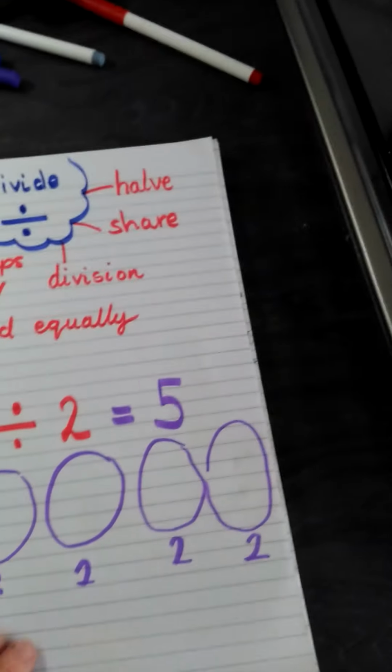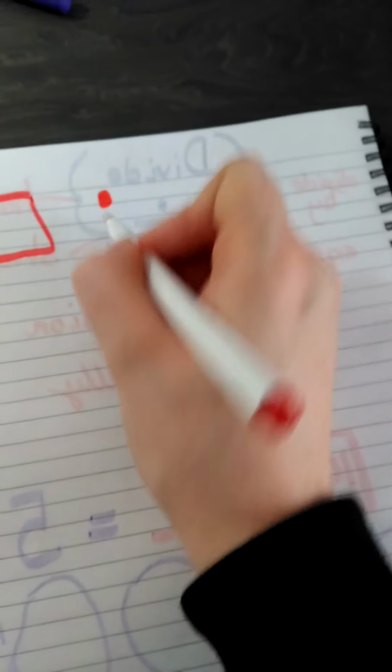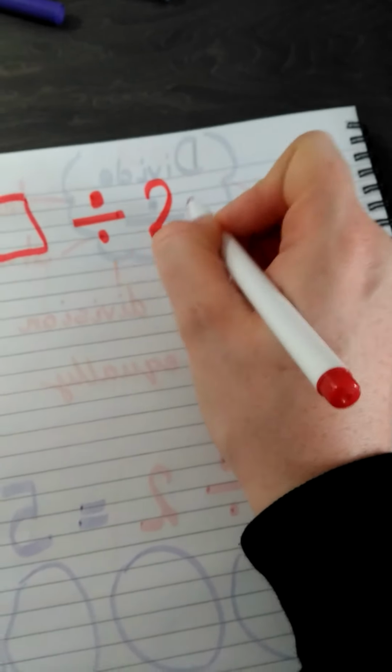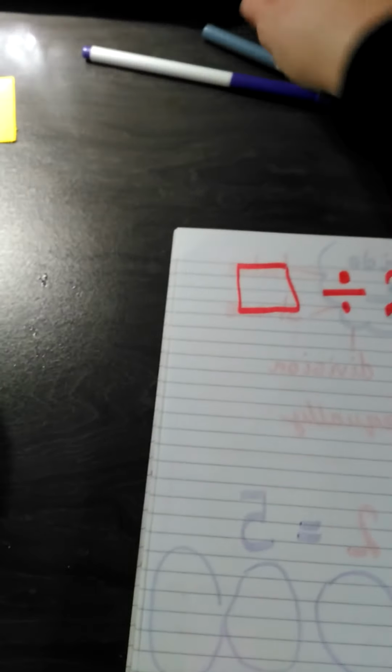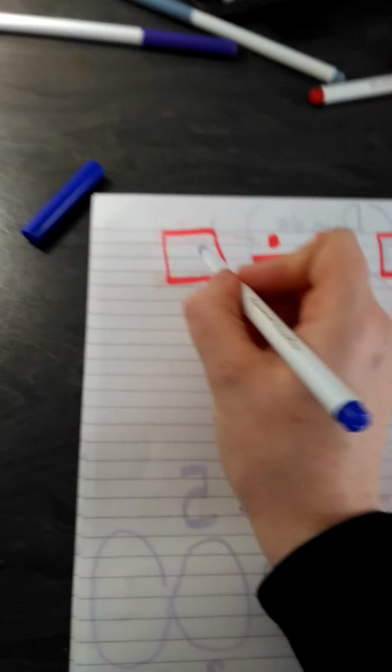So this time, let's do another division number sentence. It's still halving, because halving is divided by 2, but we're just going to be writing it as a number sentence. This time let's use the number 6.